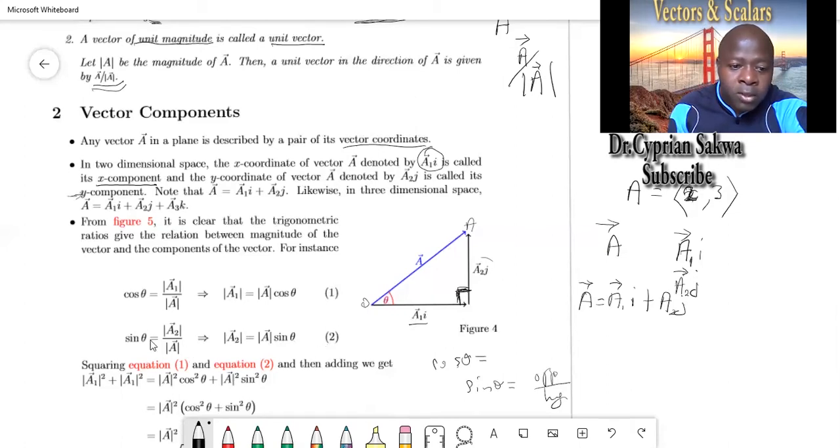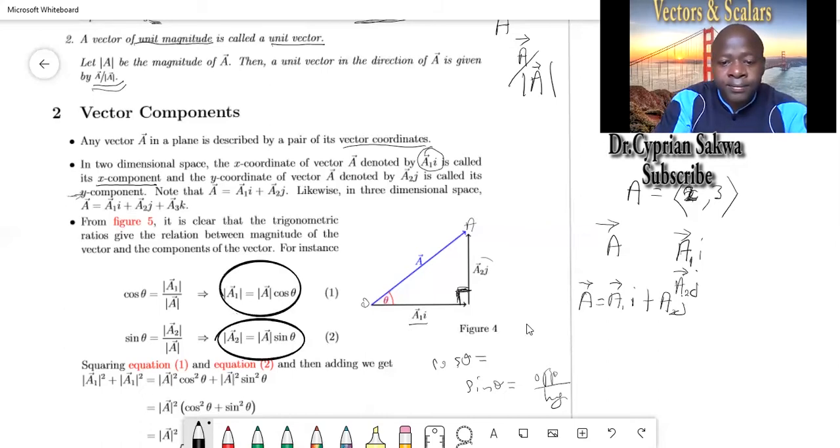What follows is that let's now square this and square this, and add the two results.